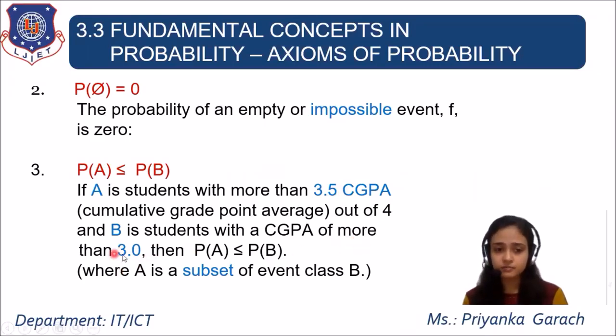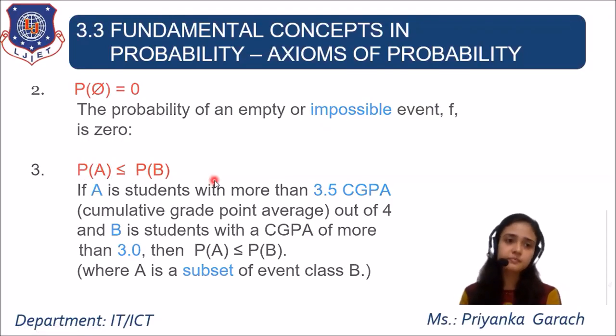Over here, more than 3 means the minimum is 3 and the maximum can be any CGPA out of 4, so it includes the value 3.5. So I can say that A is a subset of event class B. When A is a subset of event class B, this rule will always be true, that is, the probability of A will always be less than or equal to the probability of B.